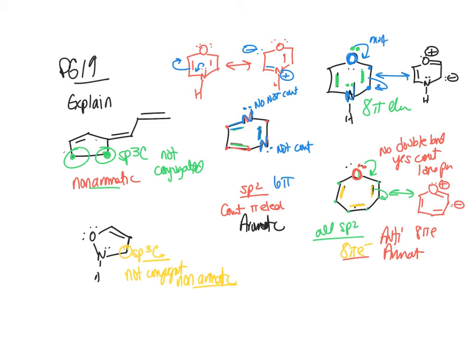Does this nitrogen have a double bond to it? No, so you must count those lone pairs. 8 pi electrons, that's anti-aromatic. Some people miss that. The next goal was just to show you the Diels-Alder and how it does decarbonylation. The driving force is to make an aromatic compound. Okay, let's go on to 20A.